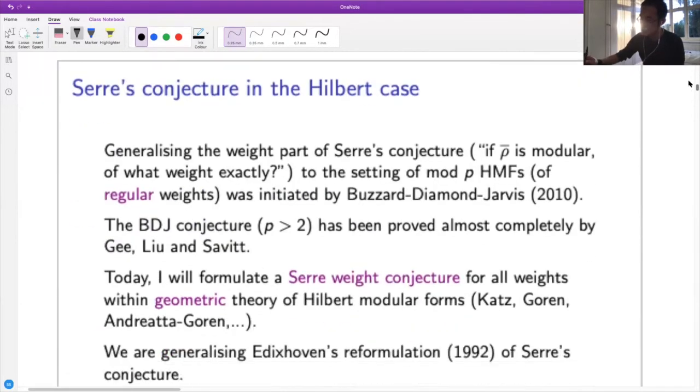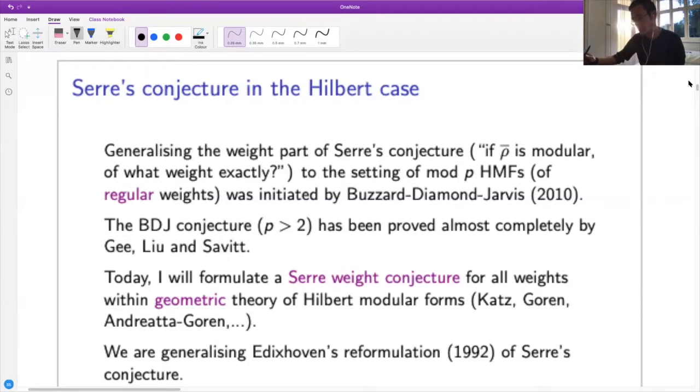Generalizing the weight part of Serre's conjecture, or loosely put, if rho bar is modular, what weights exactly would arise from rho bar, the question of generalizing the weight part of Serre's conjecture to the setting of mod p Hilbert modular forms, in particular for regular weights, was initiated by Buzzard-Diamond-Jarvis in 2010.